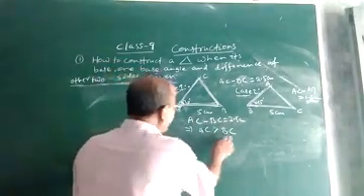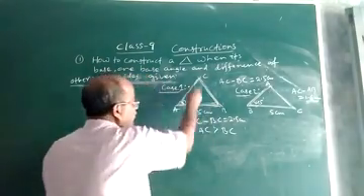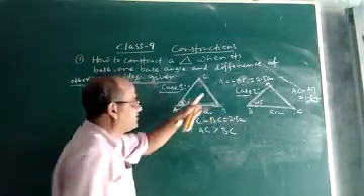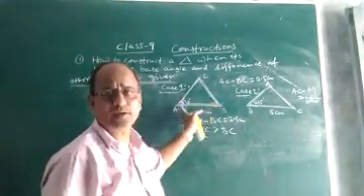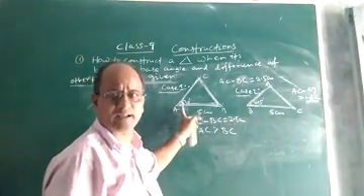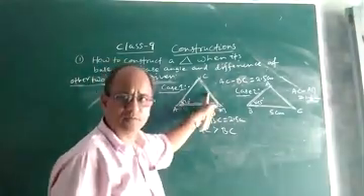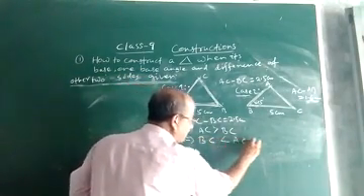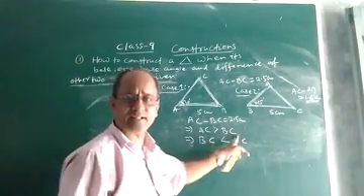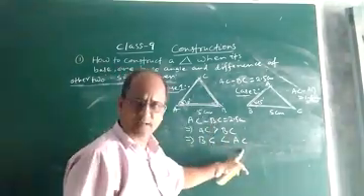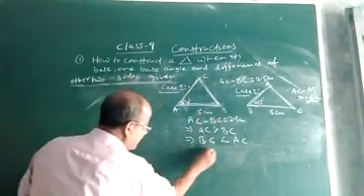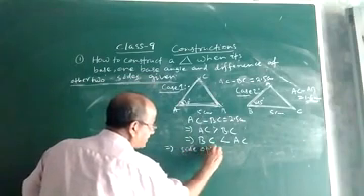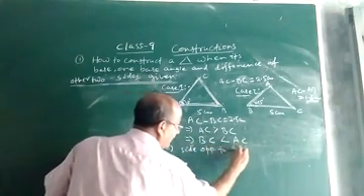Now see children, if AC is greater than BC, look at the side BC. BC is the side which is opposite to the given angle A. If AC is greater than BC, then BC will be less than AC.